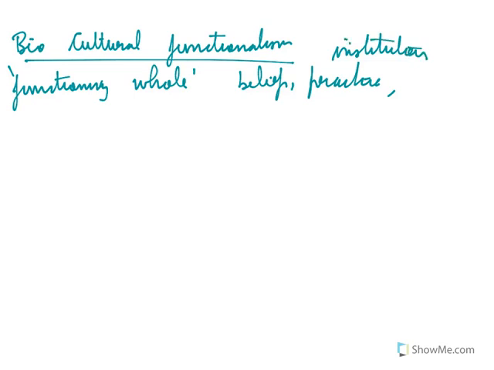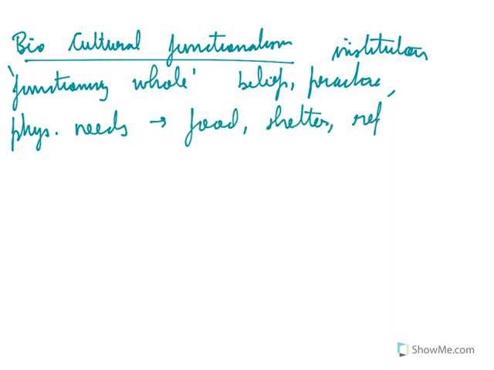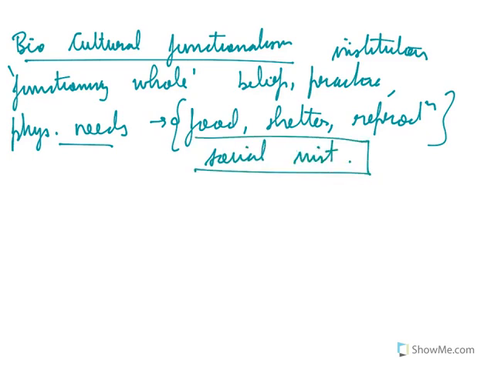He argued that individuals had physiological needs such as food, shelter, reproduction, and social institutions exist to meet these needs. So to meet these physiological needs, social institutions were created, and their function was to fulfill these needs. In every civilization, customs, material objects, ideas, and beliefs are expected to fulfill some needs.